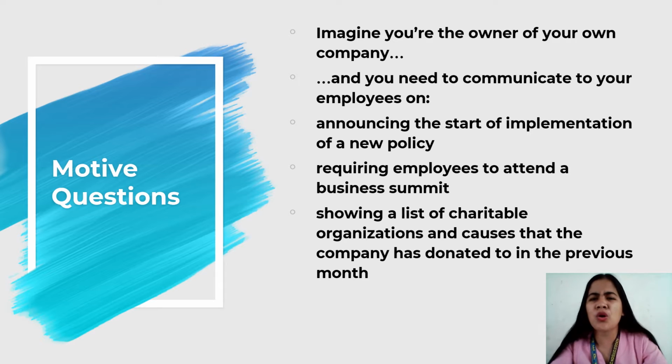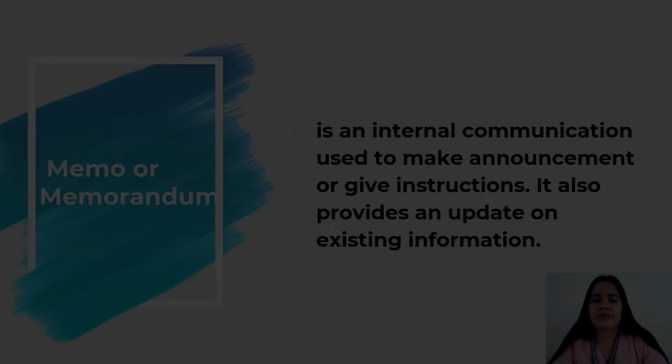So how are you going to communicate to your employee because you're the owner of your own company? How are you going to announce the start of implementation of new policy? How are you going to require employees to attend business summit?